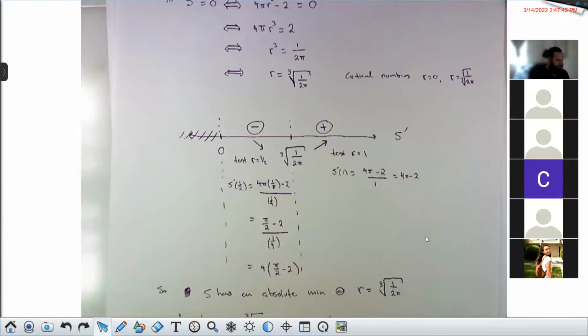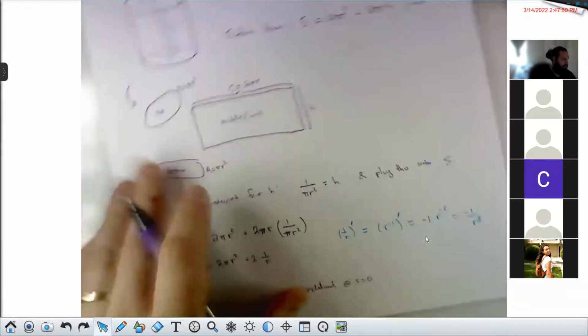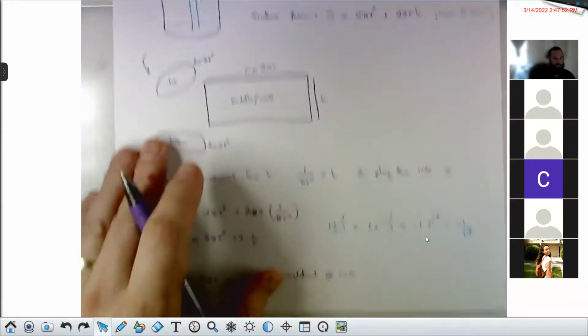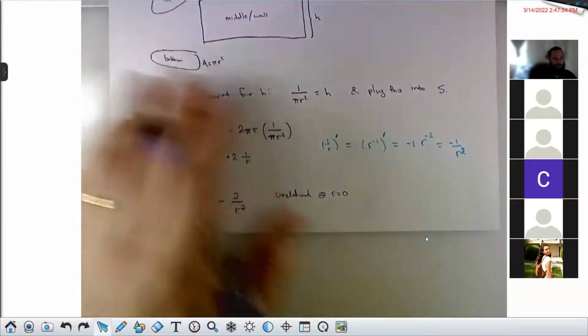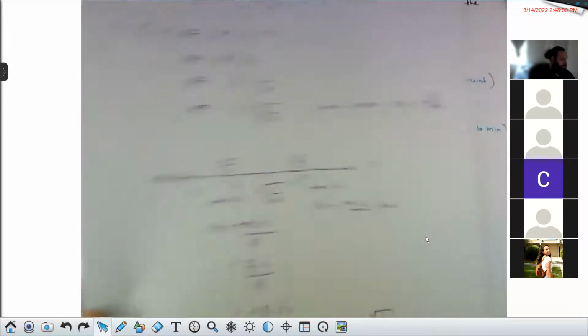Where was it? Shuffled it to the back here. Yeah. Earlier we solved for H in terms of R right there. So H is 1 over pi R squared.